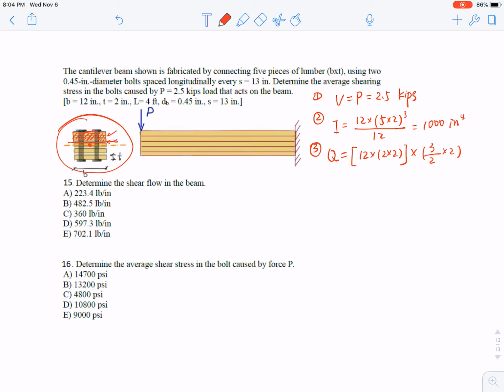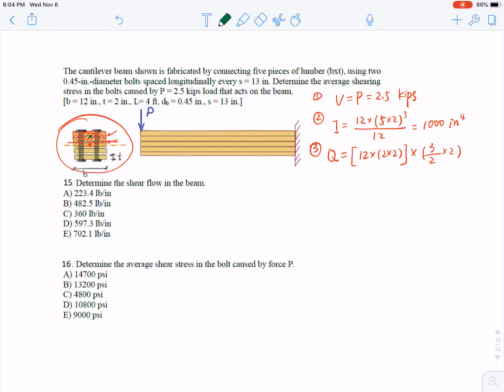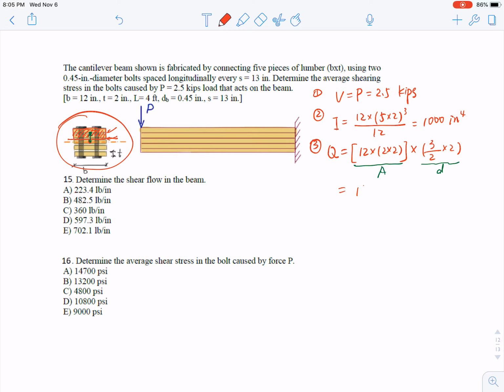Let's change the color. From here, the local centroid to the overall centroid. Right, this is covering 1 thickness and half thickness. So this is 3 over 2 by 2, 1 thickness. So this is the A, here is the D. And this result of the Q can be calculated as 144.